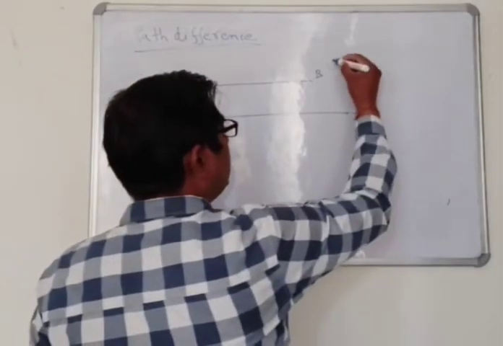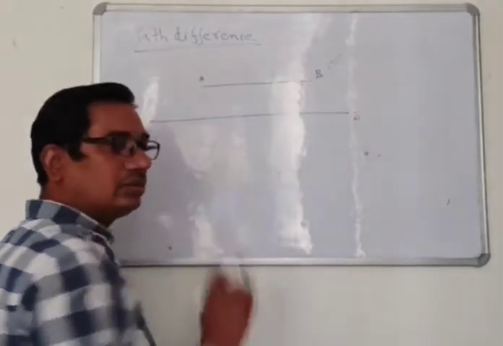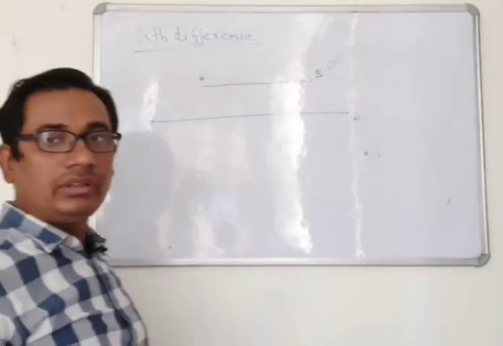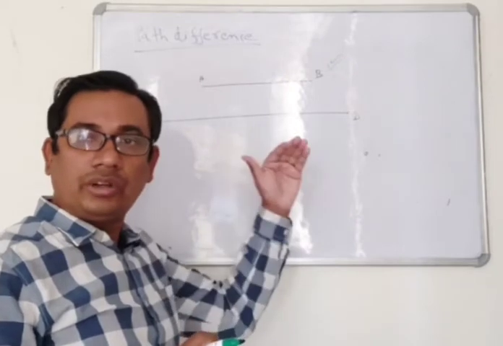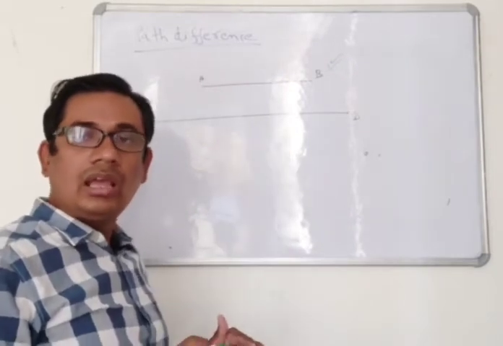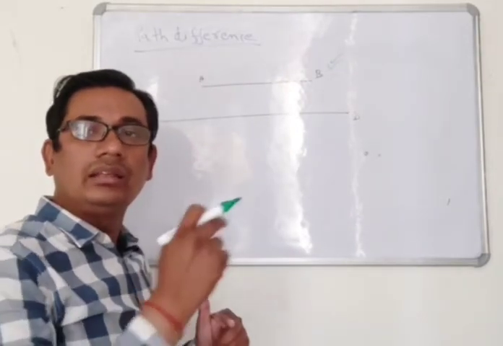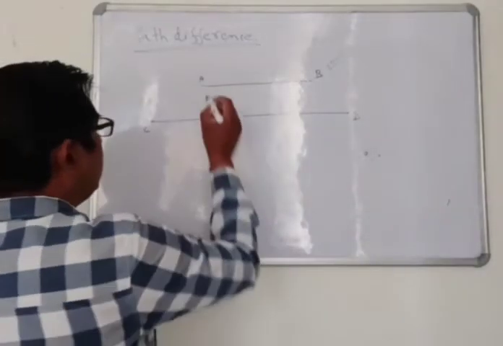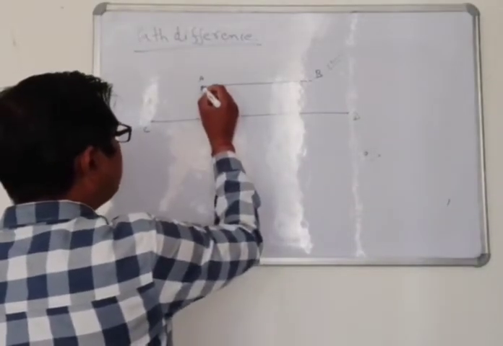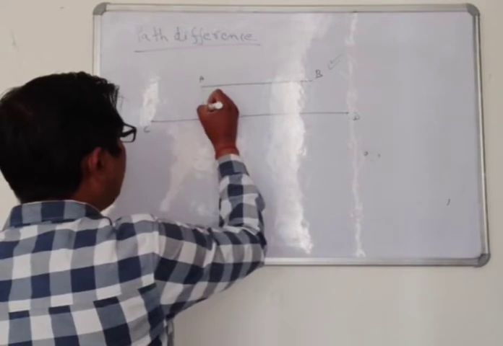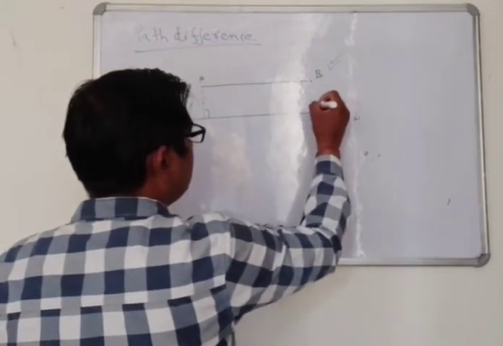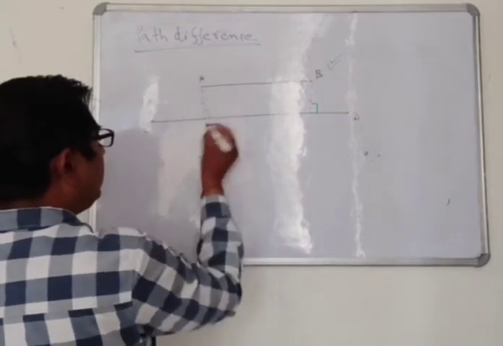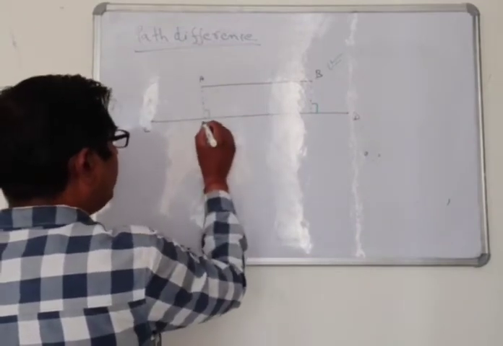This one is the shortest path. The second rule is to draw the perpendicular from the shortest to the longer path at the starting and end point. This is the starting point. Draw a perpendicular like that and like that. This point may be assumed to be point E.